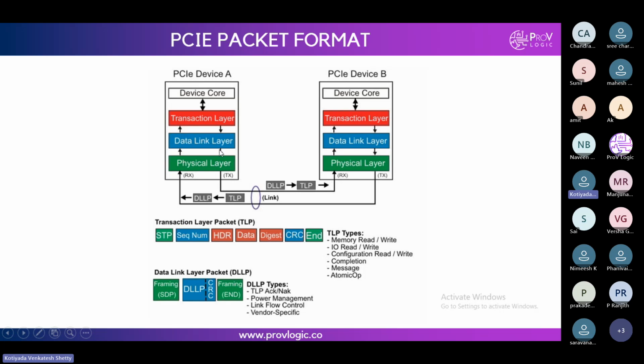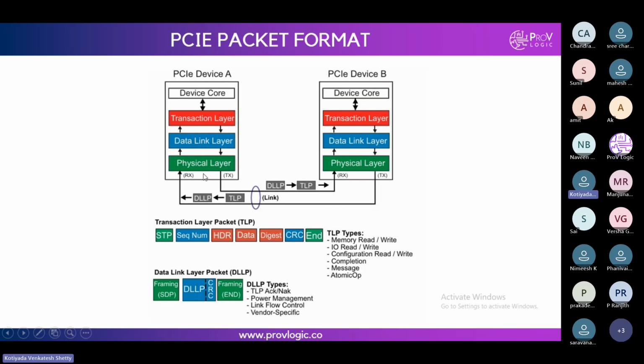In the physical layer, we append the start of the TLP and end of the TLP. I will give you a brief introduction to each and every packet next, so don't worry. The complete packet is sent from one device to another device through the link. How the data converts from serial to link, there is a flow in the physical layer.